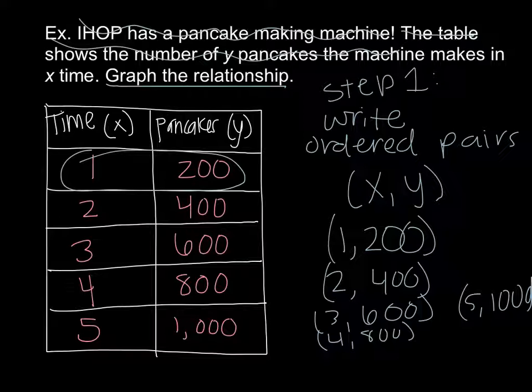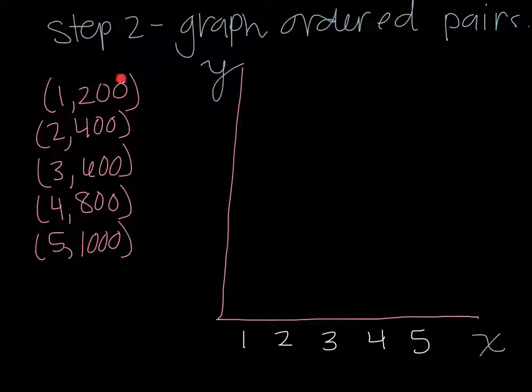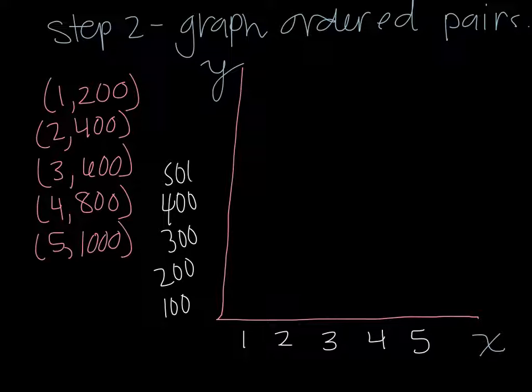Now on this next slide, the ordered pairs are already written for you, but we just get to graph them on our little graph. So here's my x-axis: 1, 2, 3, 4, 5. My y-axis would not make sense to do 1, 2, 3, 4, 5. I'm going to go by hundreds: 100, 200, 300, 400, 500, 600, 700, 800.